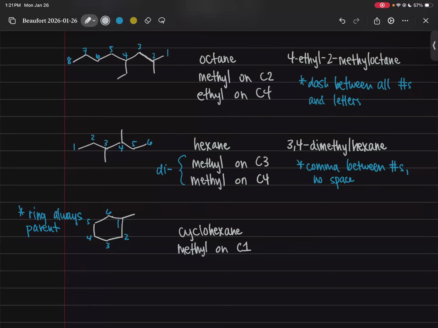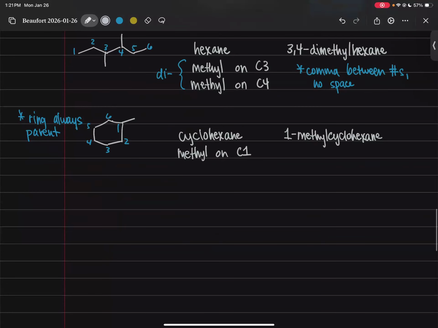Okay, methyl on carbon 1. And so this becomes 1-methylcyclohexane.